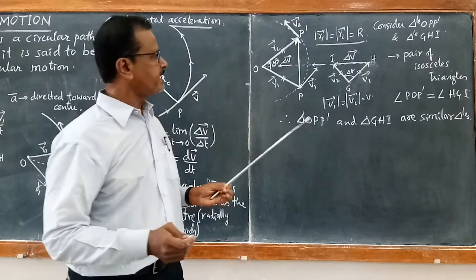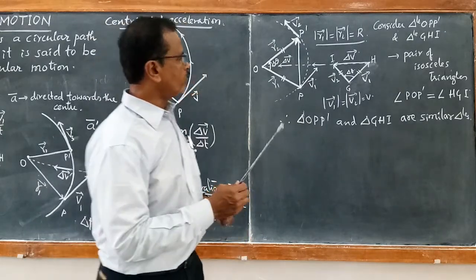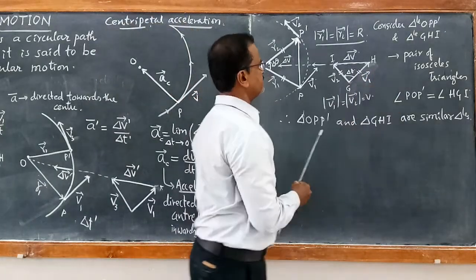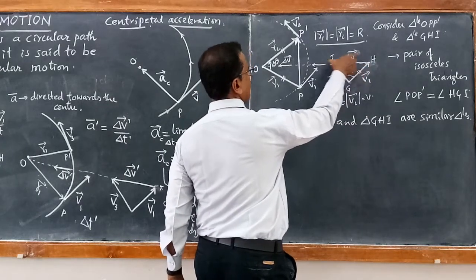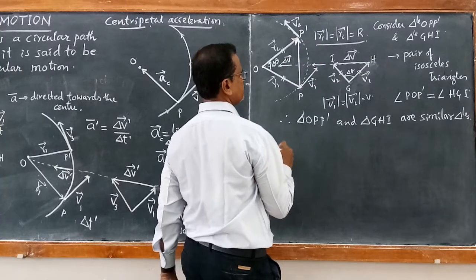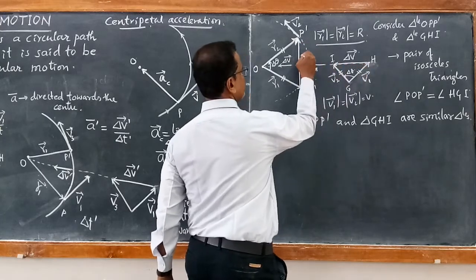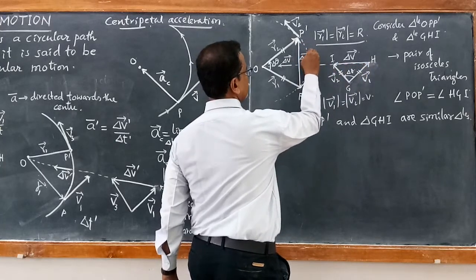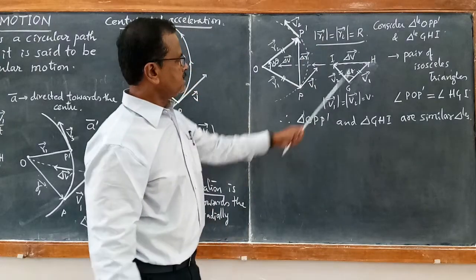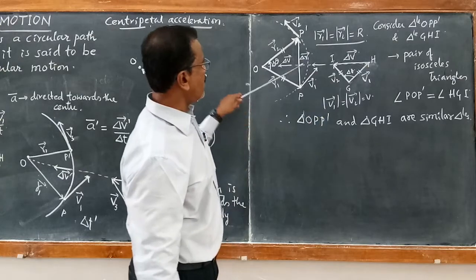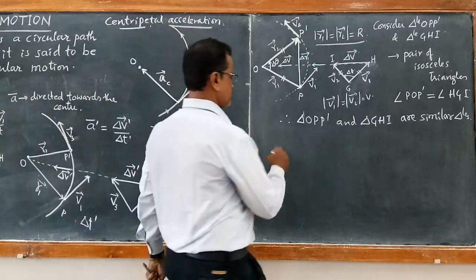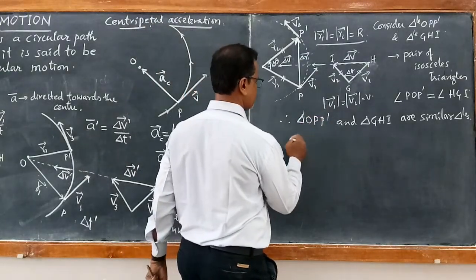We are interested in delta V. Look at this, HI by PP'. PP' is nothing but delta R. HI by PP' is equal to V1 by R1. That's it, the ratio of their corresponding sides are equal.